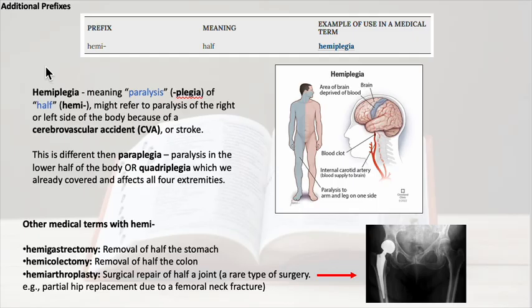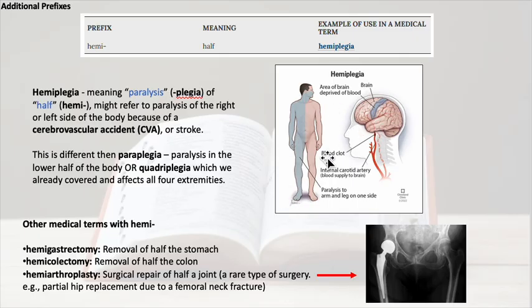So hemiplegia refers to paralysis of the right or left side of the body, and this is commonly seen in an individual who has experienced a stroke or a cerebrovascular accident. This is different, again, than paraplegia because paraplegia is paralysis in the lower half of the body. Quadriplegia, as we saw, affects all 4 extremities. Hemiplegia is half of the body.